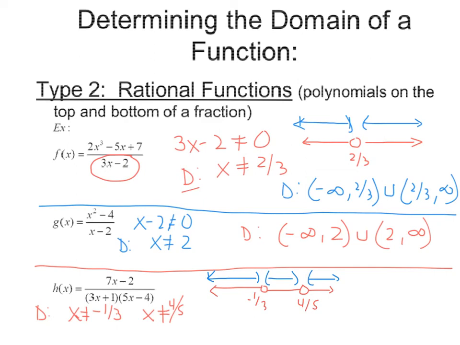So my domain in blue would be three sections: from negative infinity to negative 1/3, union negative 1/3 to 4/5, union 4/5 to infinity.